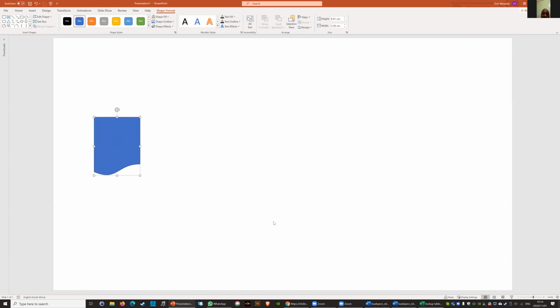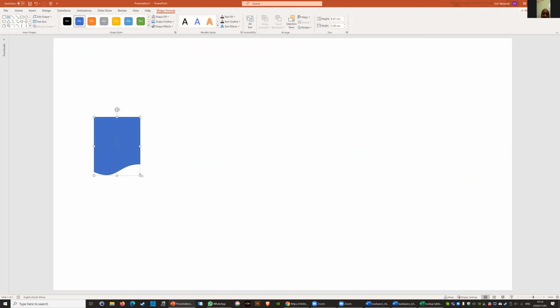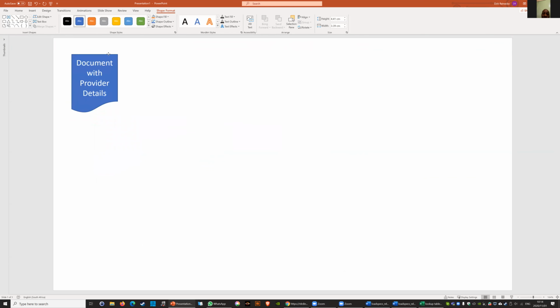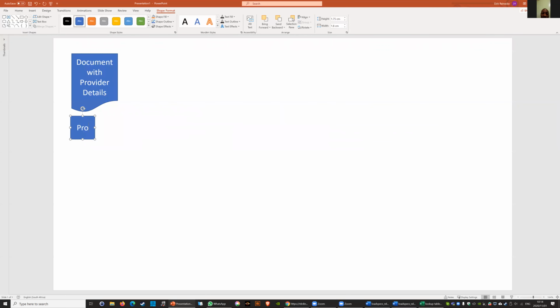So this load specification tells us that there must be a document with provider details. Okay, yes. So who creates that document? It's me who will create it. Yeah, so the provider makes the document.